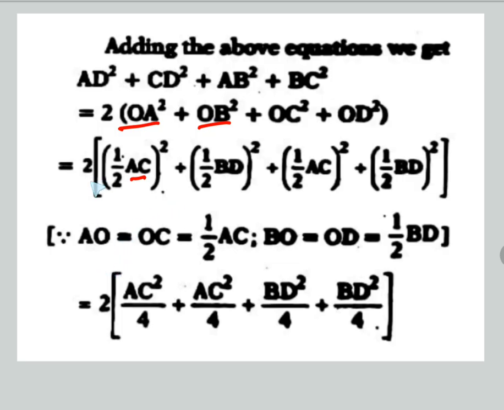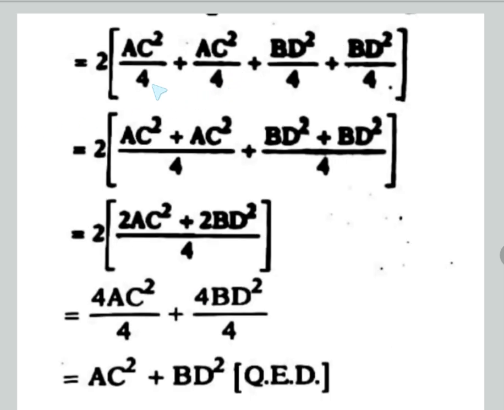Now squaring, the 2 becomes 2 square, and 1 by 2 becomes 1 by 4, AC becomes AC square, and BD becomes BD square. So we get AC square by 4, BD square by 4, AC square by 4 and BD square by 4. Taking LCM 4, we get AC square plus AC square by 4 and BD square plus BD square by 4.